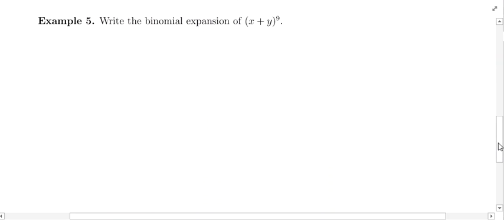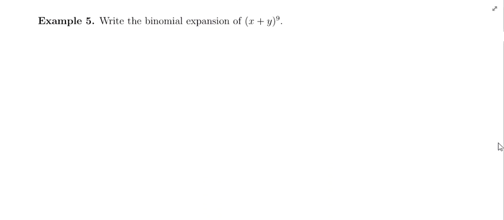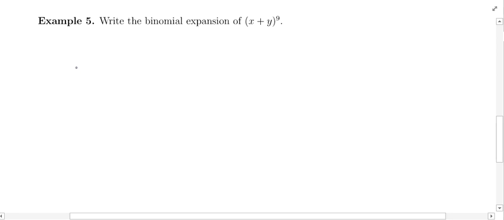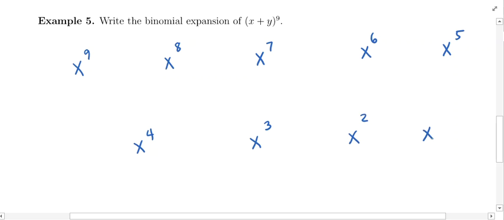In example 5, we're going to do the binomial expansion of x plus y, that quantity raised to the 9th power. Again, I'm going to start with my x's. I know I'm going to begin with x to the 9th, and then my powers of x will descend by 1. Then I'm going to come back with my y's.